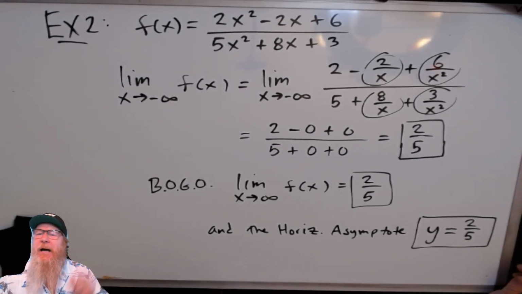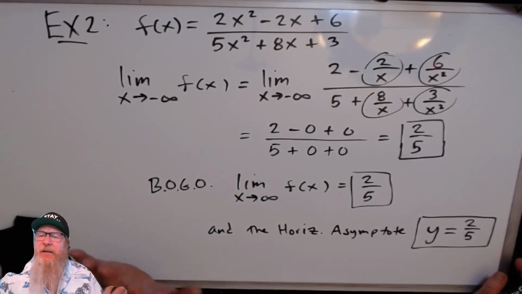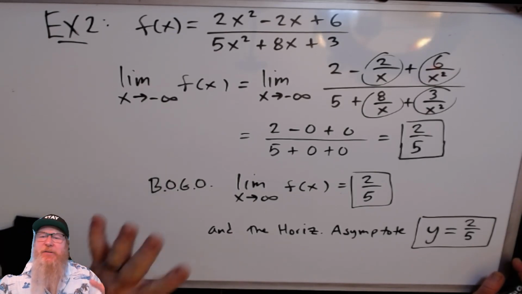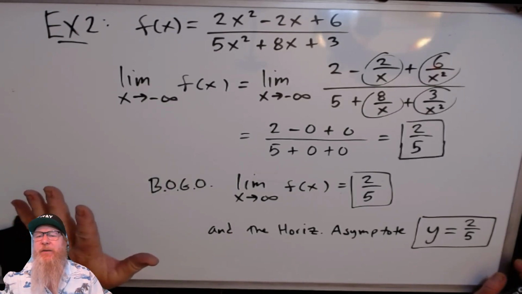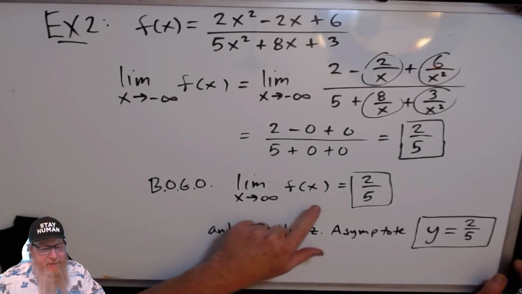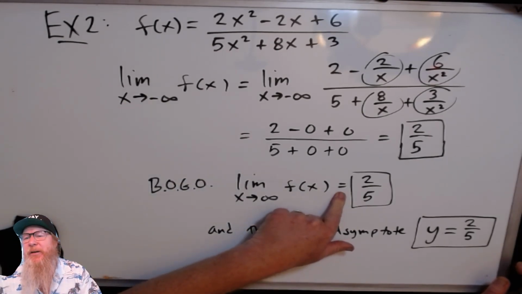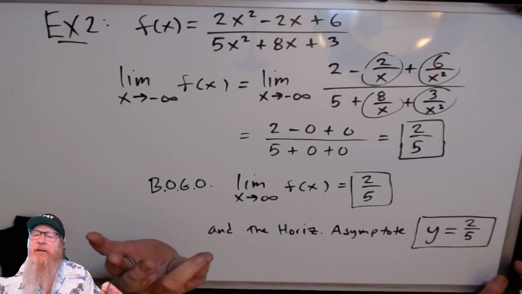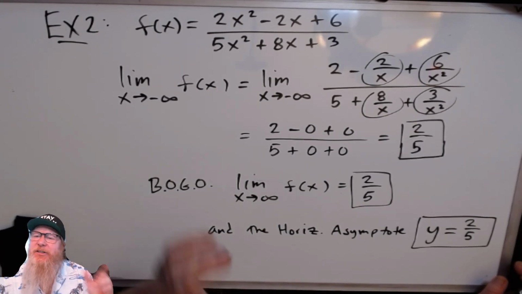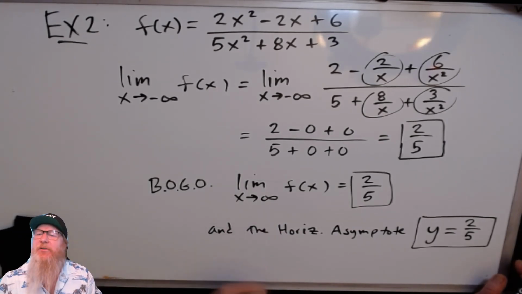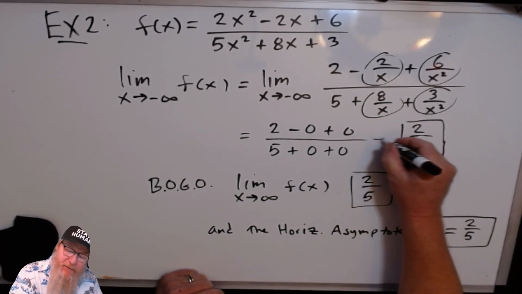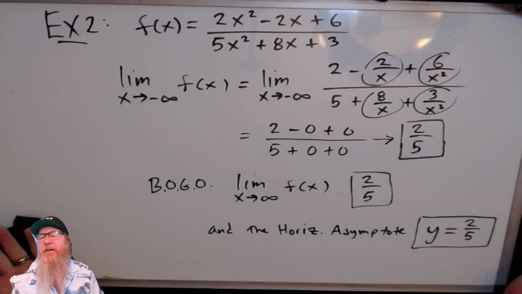I also want to point something out that I've been leading us down the road to in the last couple of videos: the limit equals 2/5, but it never actually touches 2/5. It doesn't actually hit 2/5. It just gets closer and closer and closer. In previous sections, I might have said it approaches 2/5.